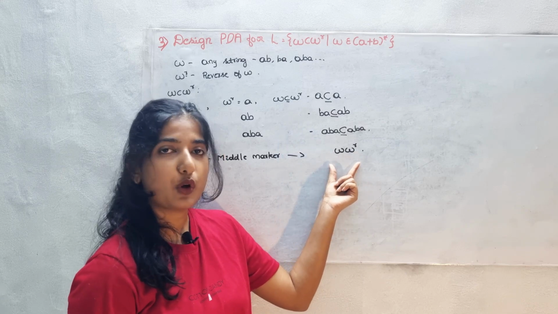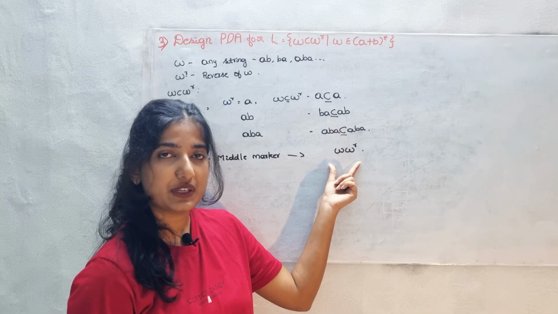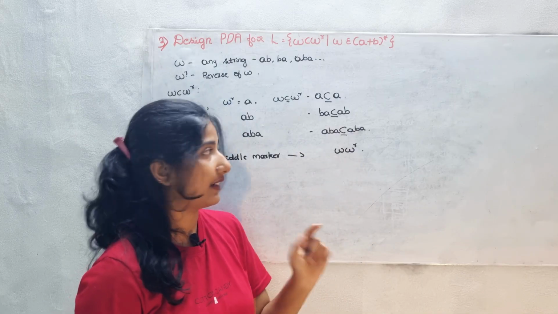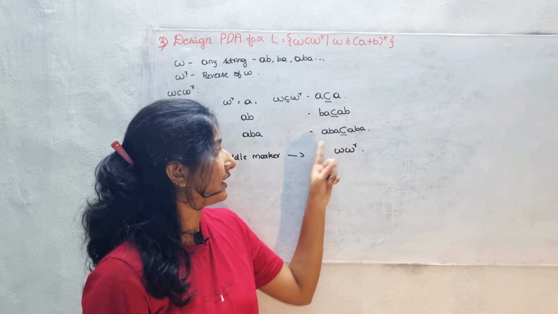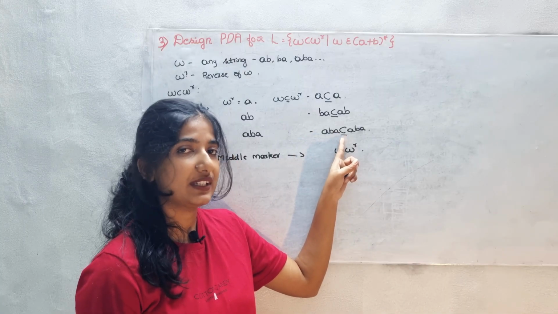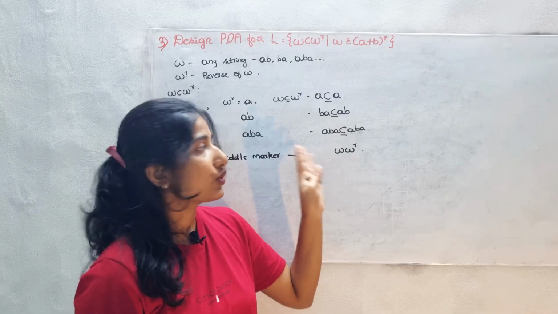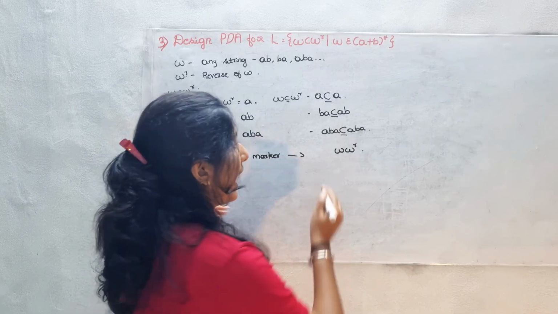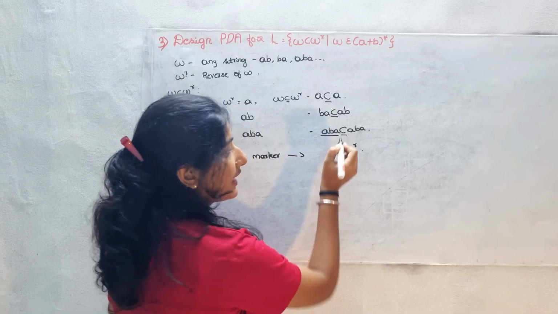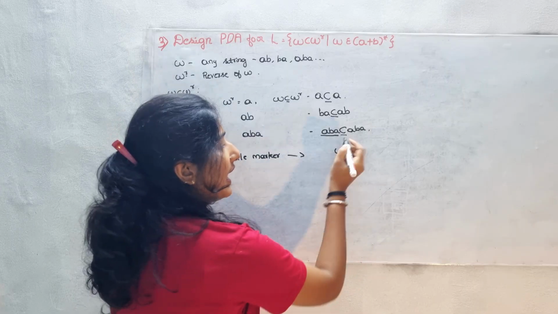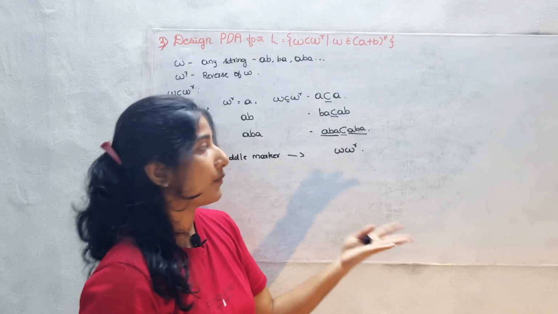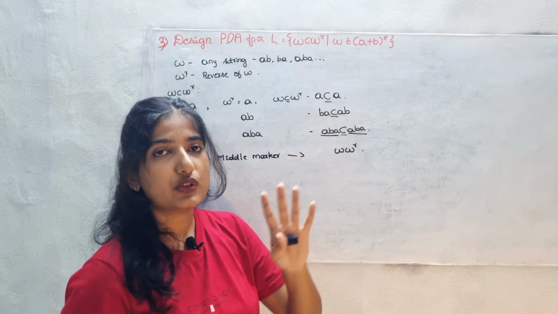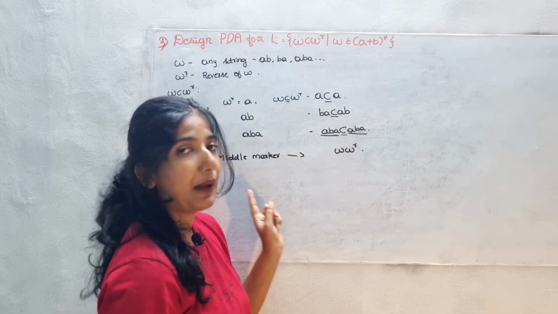To solve this problem we use non-determinism, which means we have to guess the center. But here there is no need to guess the center because we already have the central marker c. So what we have to do is push all the elements before c, and pop all the elements after c. Here it is also called an odd length palindrome.